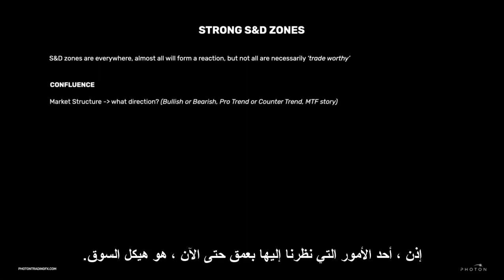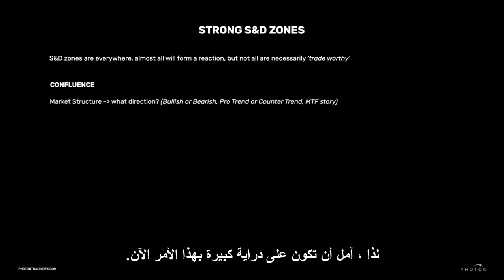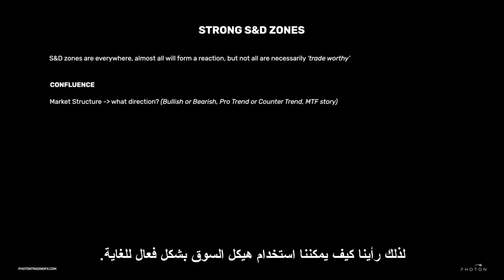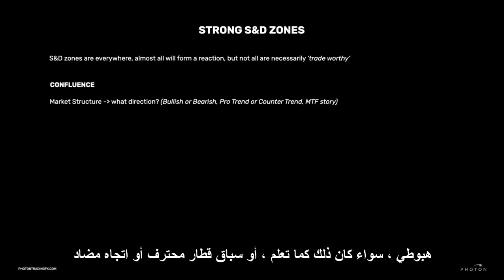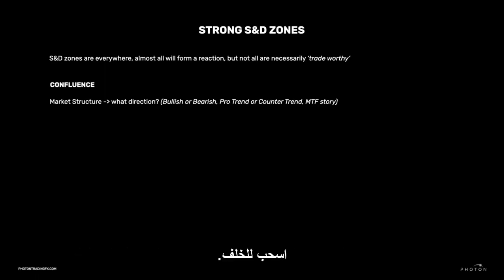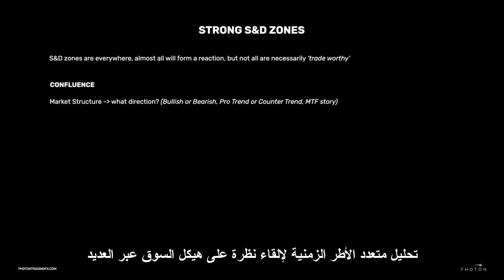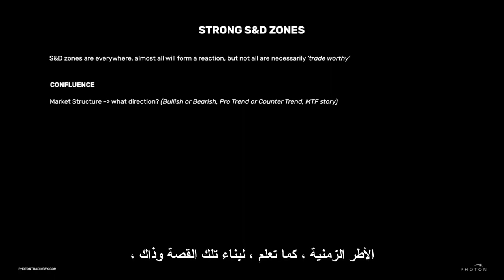One that we've looked at in depth so far is market structure. Hopefully you should be very familiar with this now. We've seen how we can use market structure to very effectively give us a bias on the direction of price, whether it is bullish or bearish, whether it is a pro-trend run or a counter-trend pullback, and of course bringing an entirely new dimension to that by using multi-time frame analysis to look at market structure across multiple time frames, to really build that story and overall narrative.